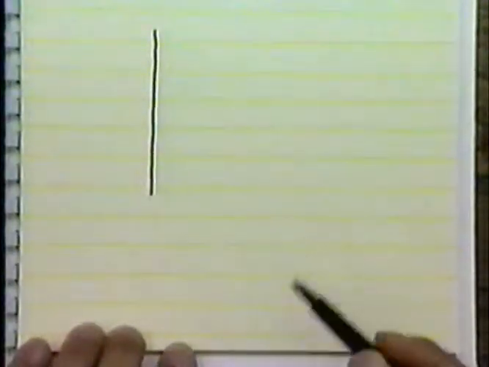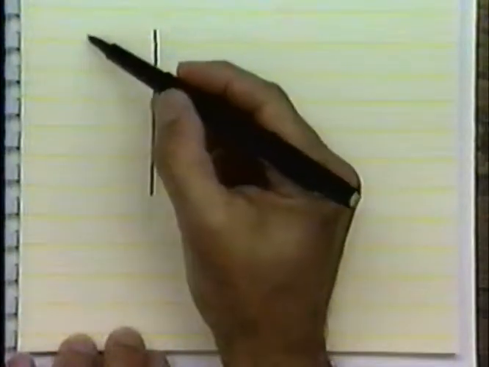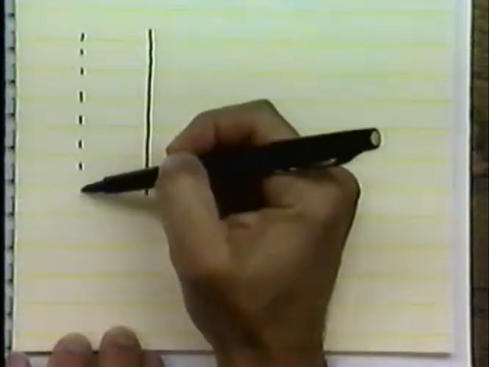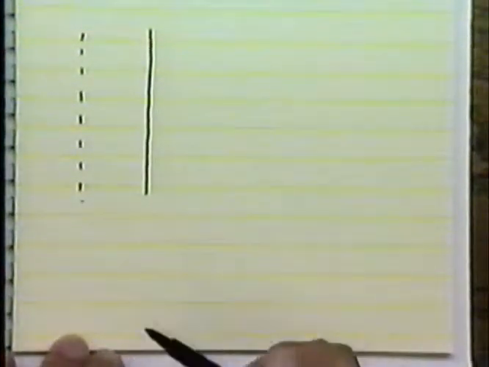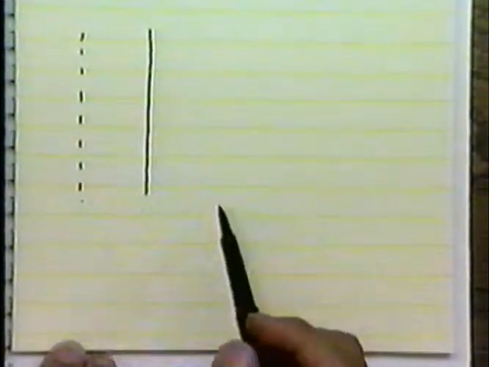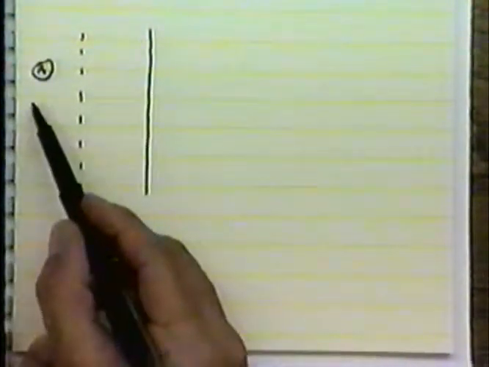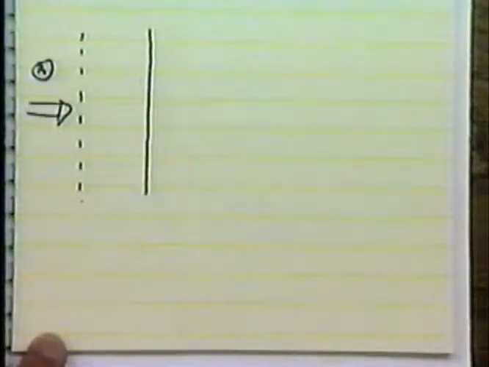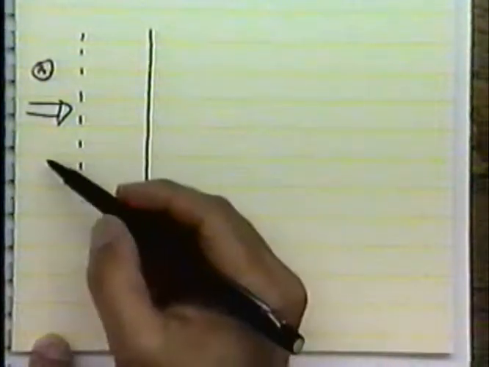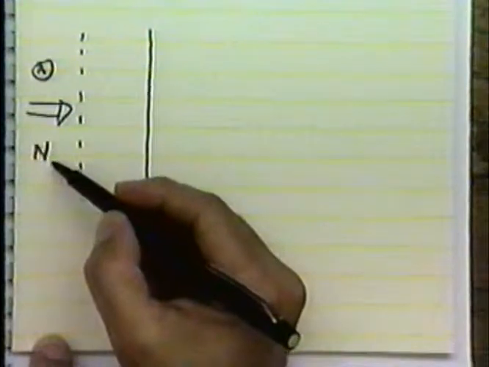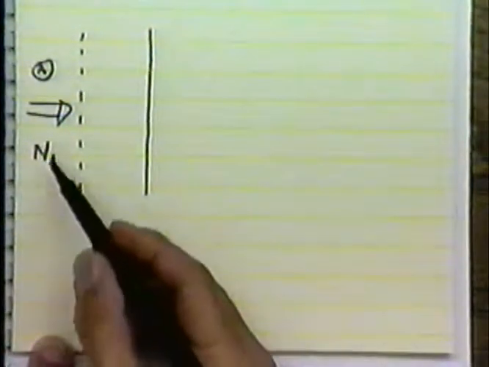Let's assume this is the surface of the catalyst, and this is the film in which we assume the resistance to mass transfer to be concentrated. We have reactant A, and this reactant A will diffuse to the surface with a flow rate that we call NA.